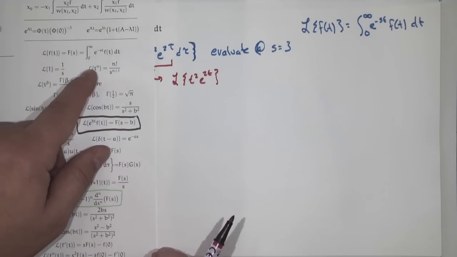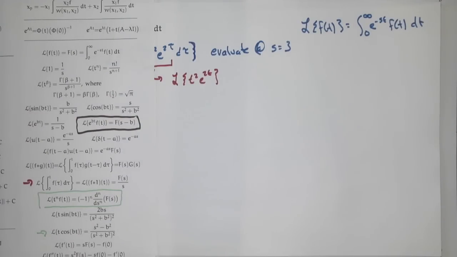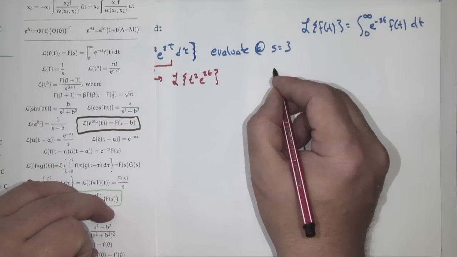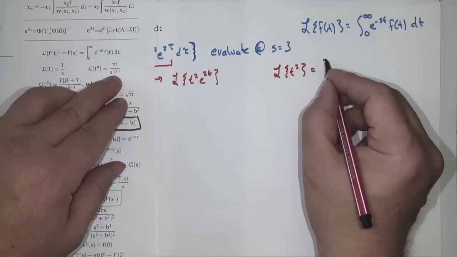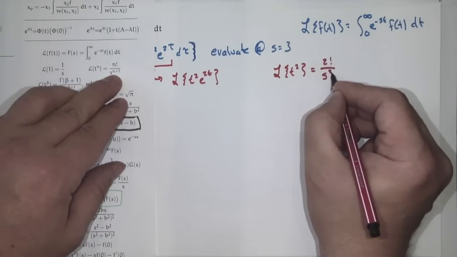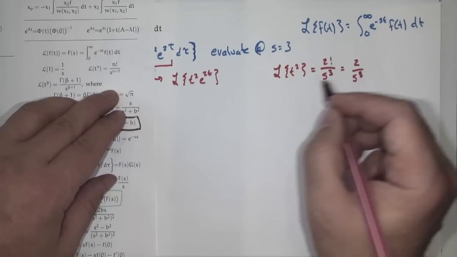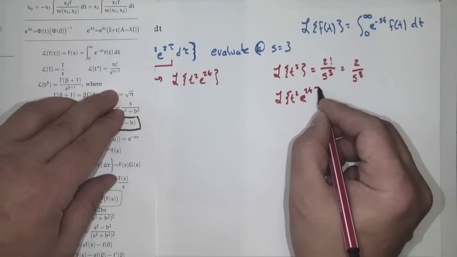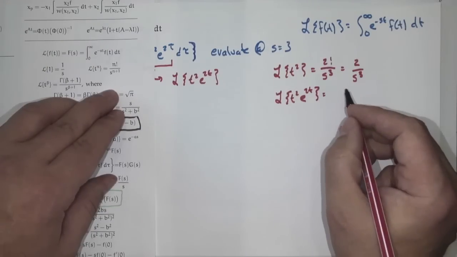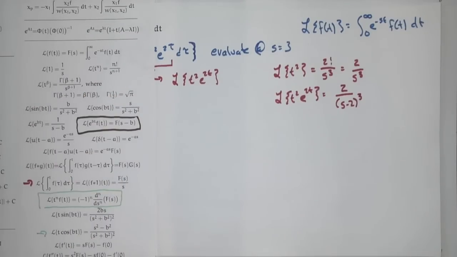We know how to take the Laplace transform of t squared, and we know that e to the 2t means shifting. The Laplace transform of t squared would be 2 factorial over s to the 3, or let's say 2 over s to the 3. So the Laplace transform of t squared e to the 2t means that we shift, so we have 2 over s minus 2 cubed. So we use our shifting rule.